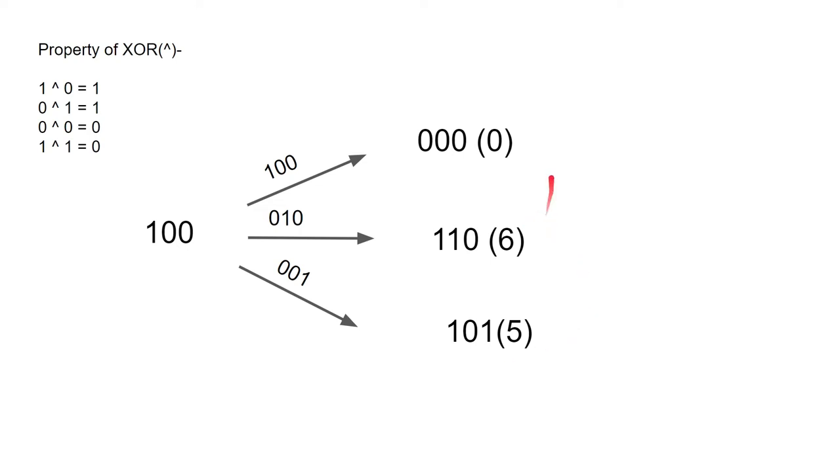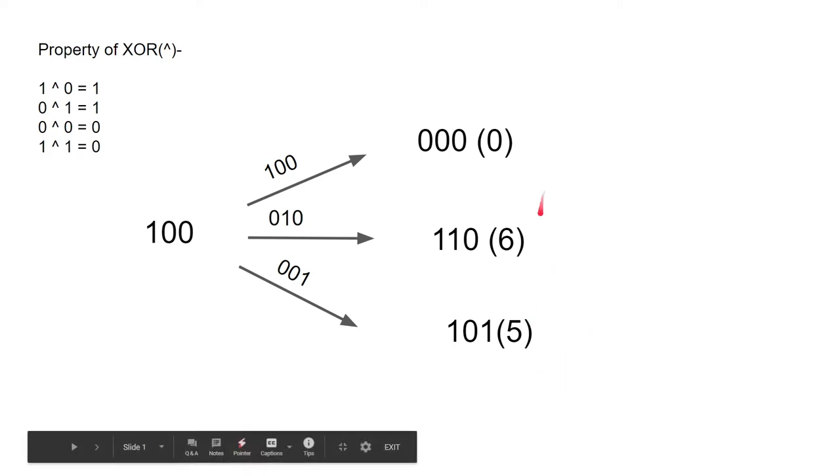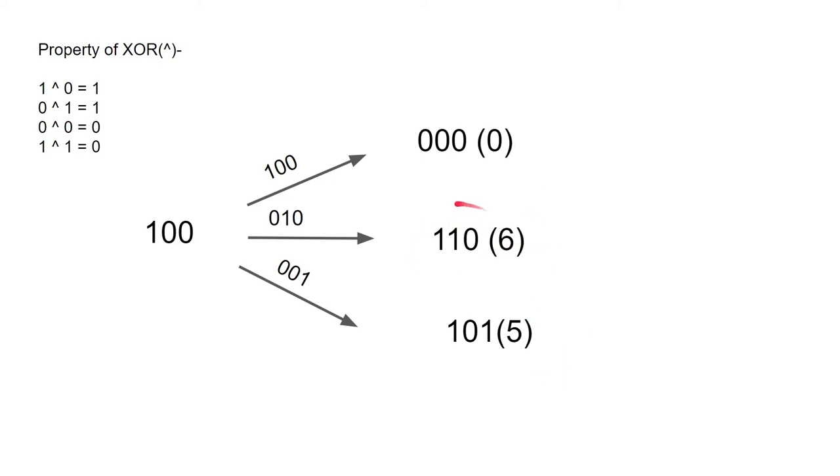So which is the maximum of these three numbers? This one. So what we see here is, if we want to obtain the maximum by applying this operation, we'll find the leftmost zero digit in the given number. So this is the first leftmost zero digit. Doing XOR of this will produce this number.